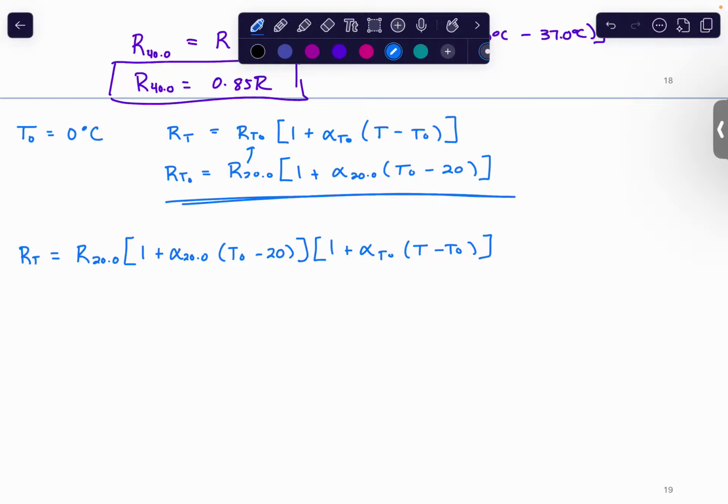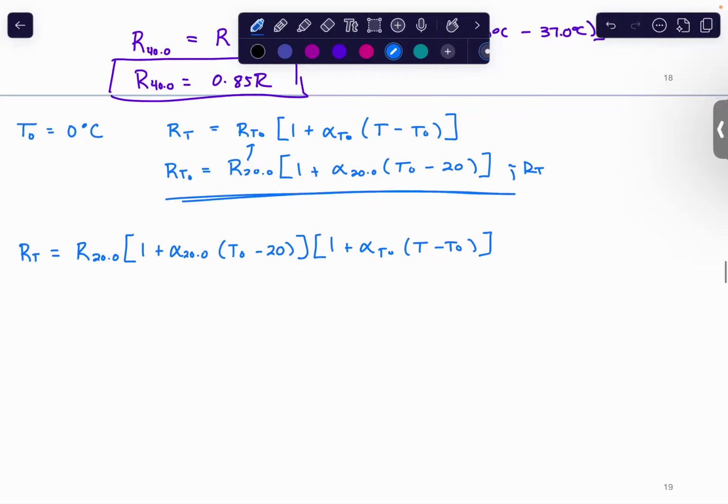Now, there's a number of ways you can go about this. This is just the way I did it. I said that we're going to relate the 20 to RT0. We're also going to relate it to RT, so just any temperature. This pathway made the math easier.